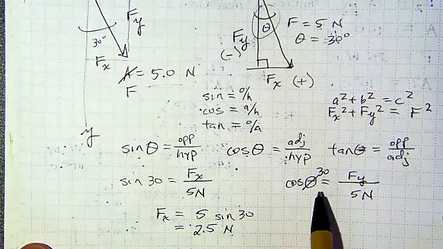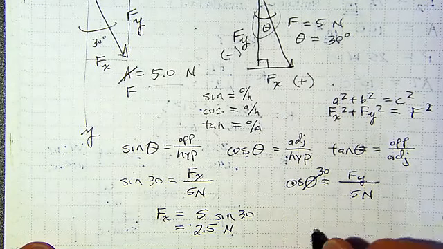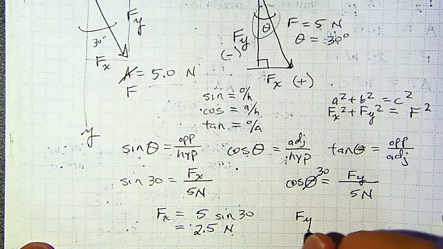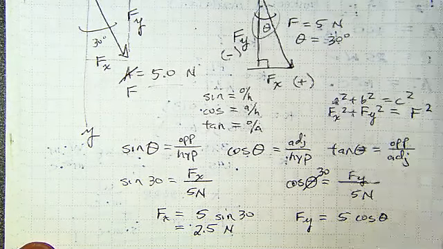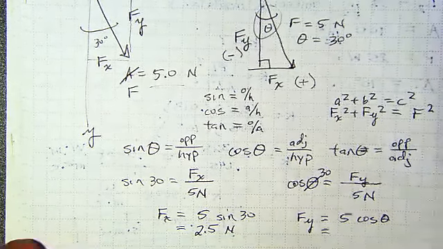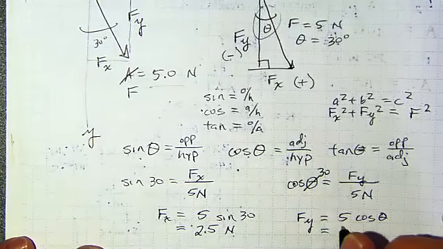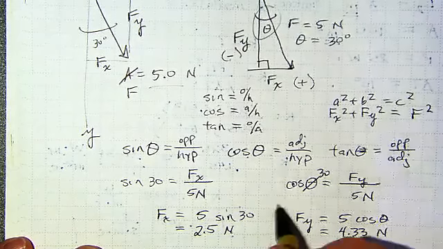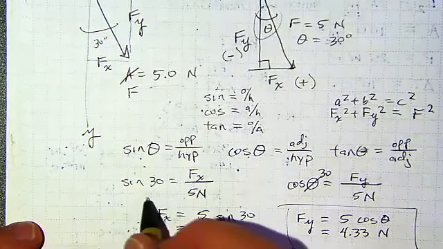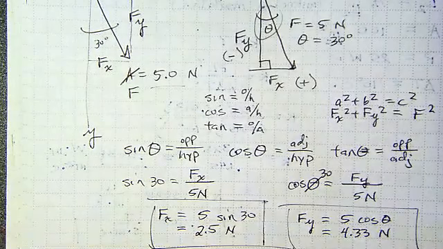So f sub y equals 5 times the cosine of theta. Jess, I bet it's not 2.5 this time. It's like 4.33 newtons. And so there's our answer for f sub x and for f sub y.